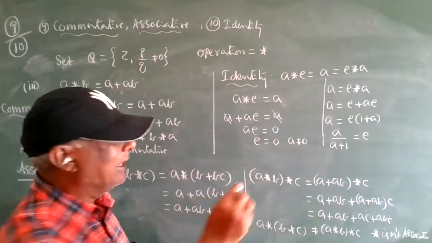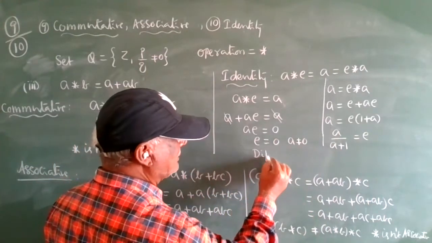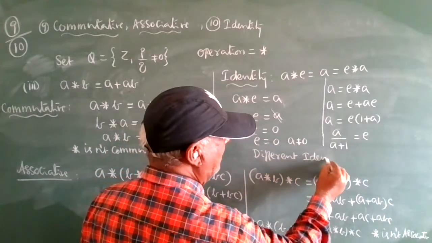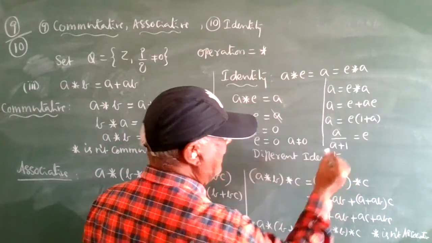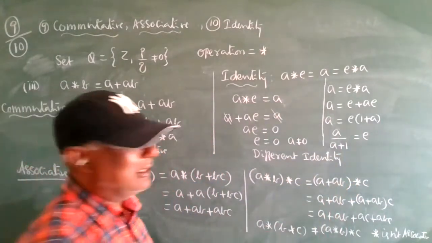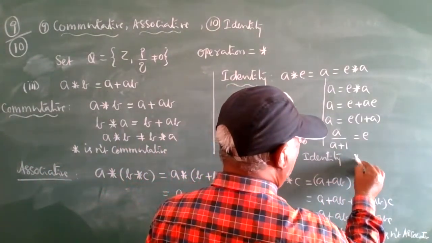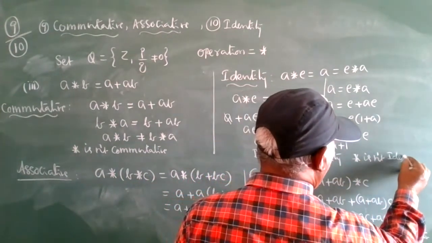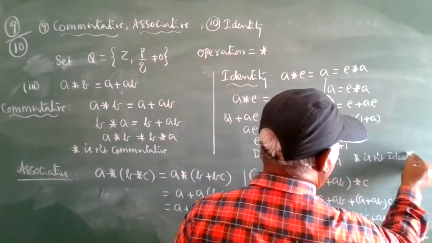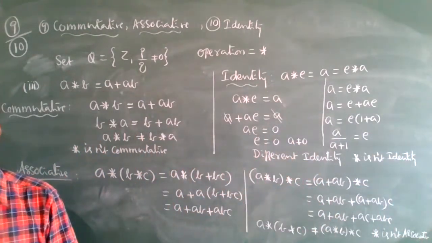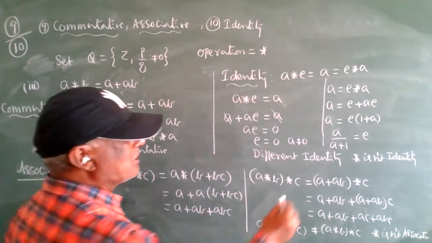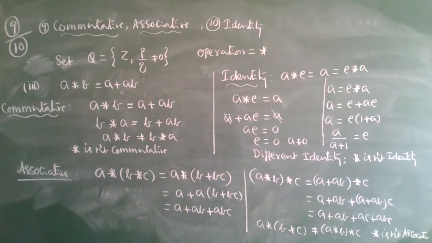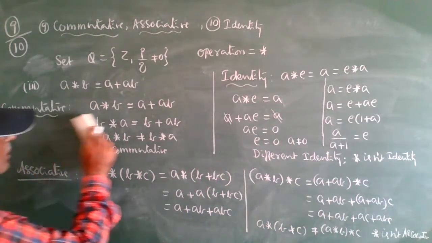Unique identity is needed, but this is a different identity. Therefore, star is not identity. That's enough. So the third bit is also completed. Everyone goes to the fourth bit.